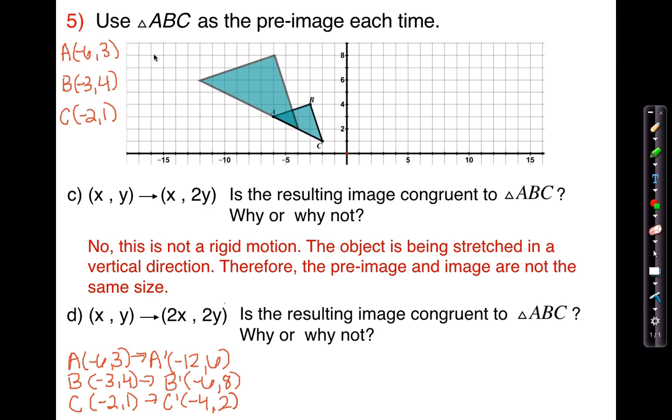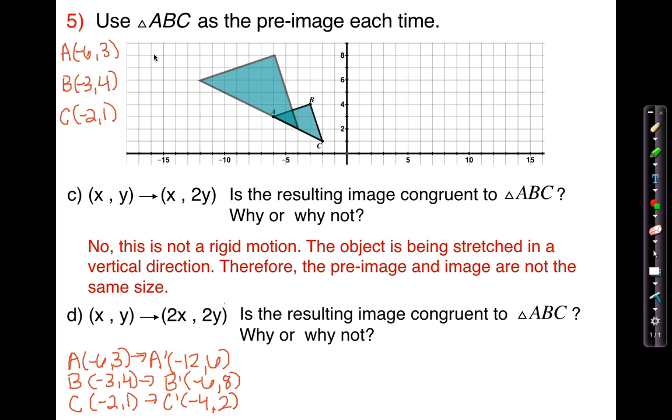Is the resulting image congruent to triangle ABC? Why or why not? I'm going to say no. It definitely looks larger. It does look like the same exact shape, but again, it is a larger size, so it's definitely not congruent. And how do I know this? Well, because that transformation was not a rigid motion. Again, it wasn't a reflection, it wasn't a rotation or a translation.